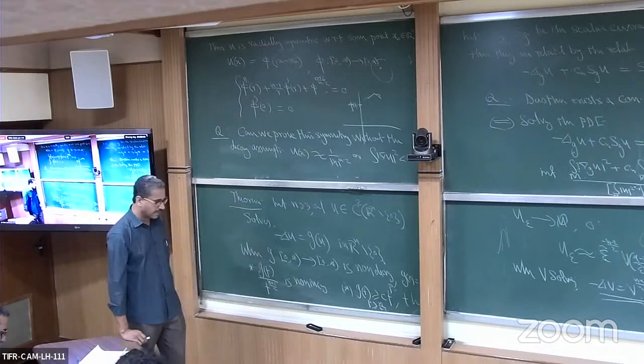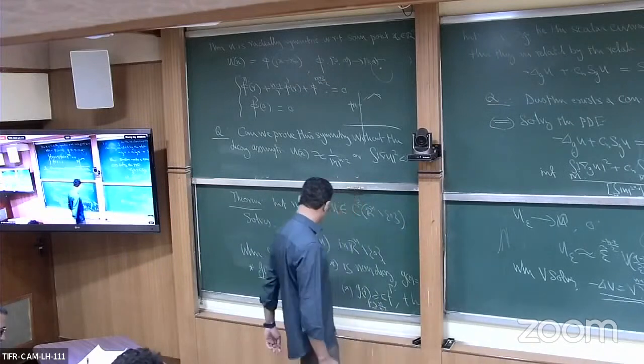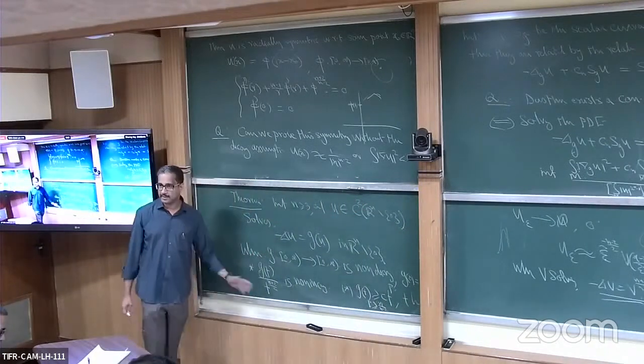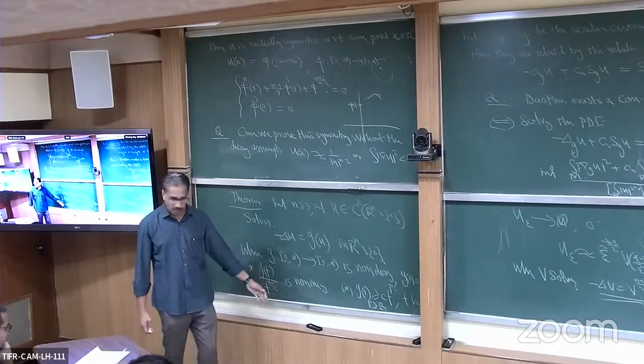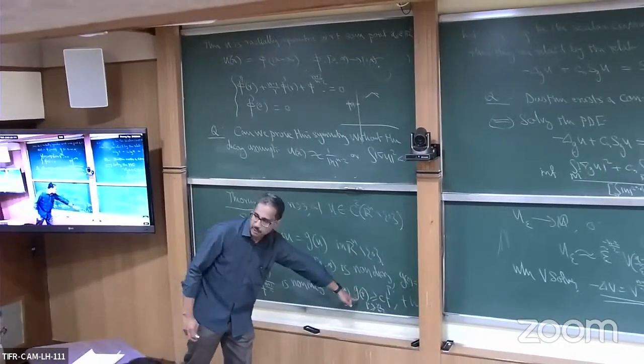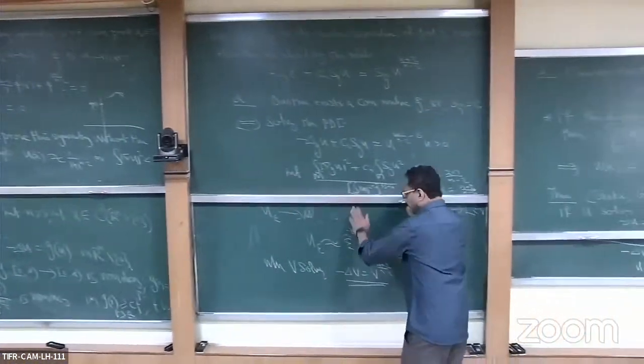So you have a nonlinearity like this. You can see that u to the power n plus 2 by n minus 2, what I put before, satisfies all these assumptions. For example, when you divide with this, it's going to be a constant, and clearly at infinity you have this bound. So all these things are satisfied.